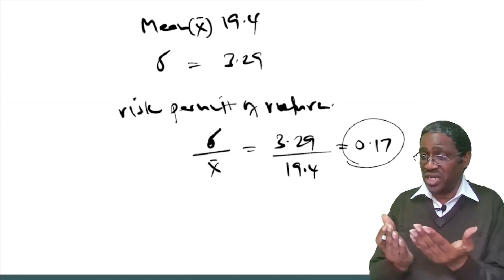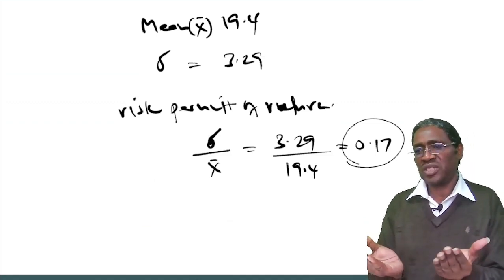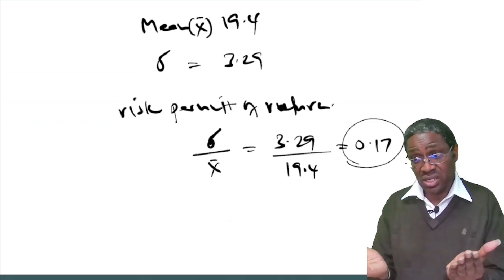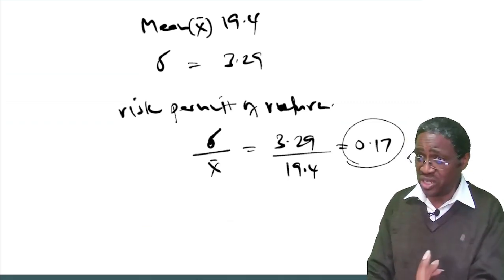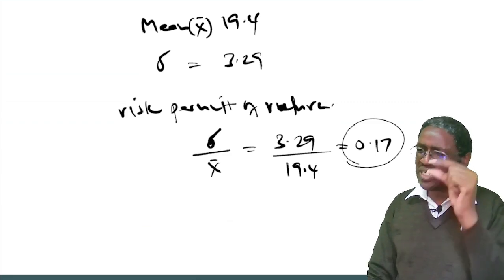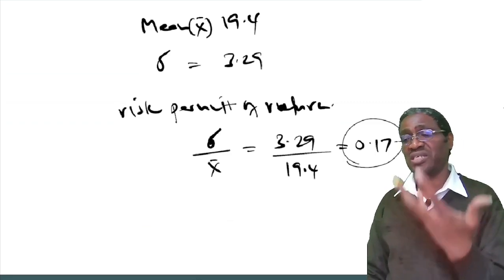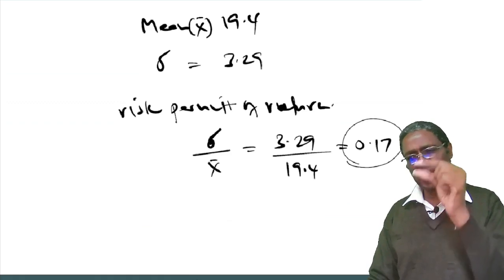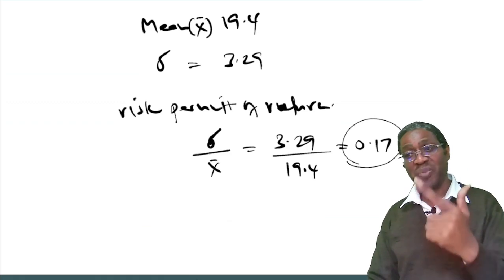I've taken the return to be the denominator. So this is the interpretation: to earn 1% return, there is a 17% risk, or chance. 0.17 is the same as 17%. To get 1% return on my investment, there is a 17% risk of getting it.